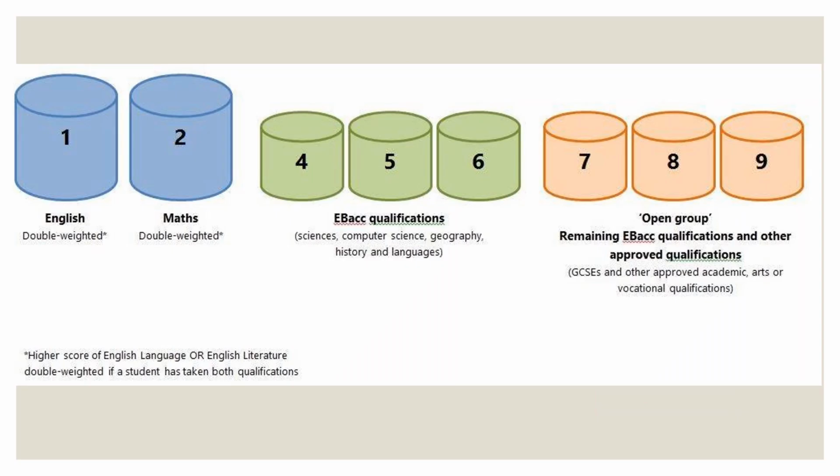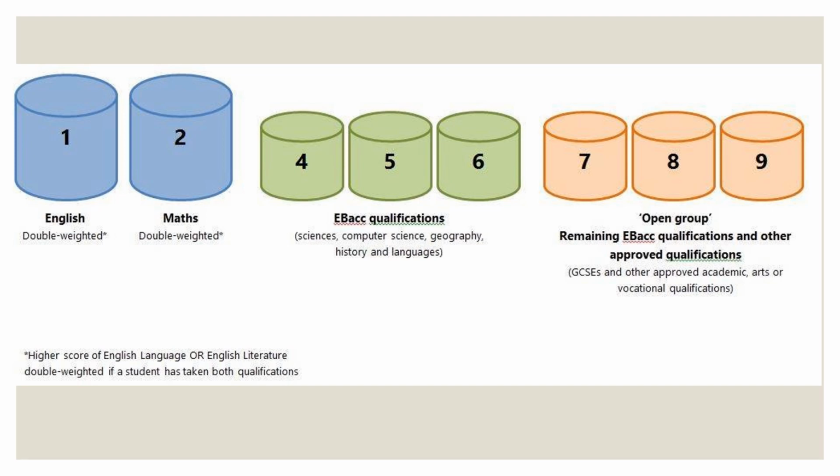So the next thing I wanted to explain was about Attainment 8 and Progress 8. And the best way to think about these is by thinking about different pots. So each student has 9 pots to fill, and English and Maths are double weighted pots.